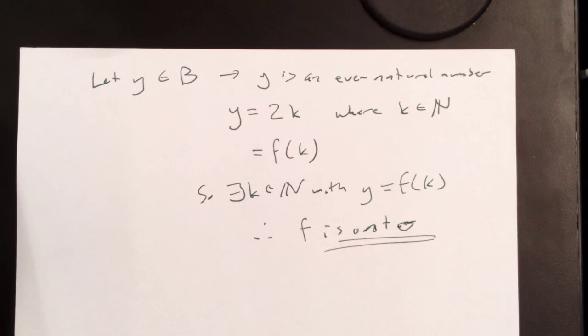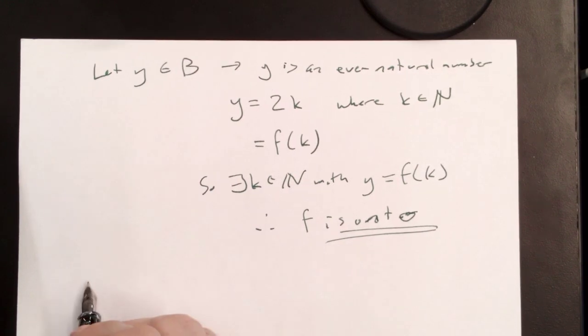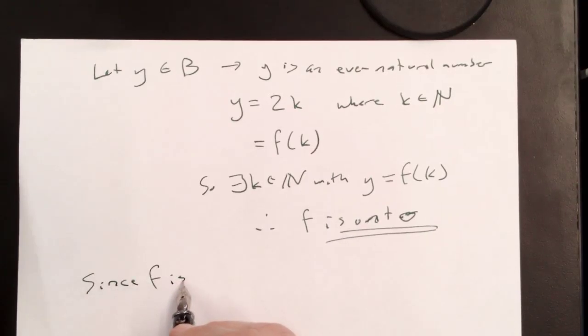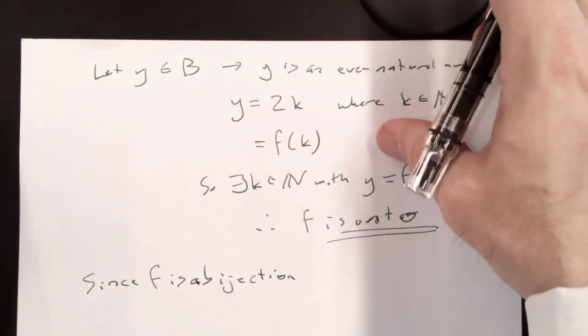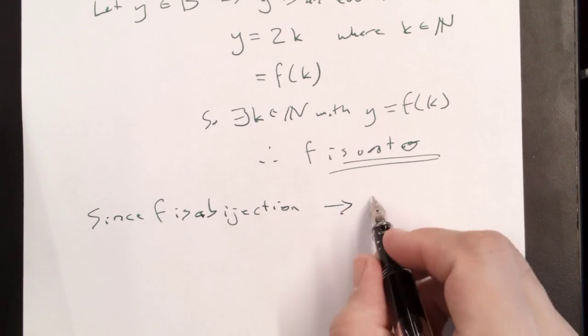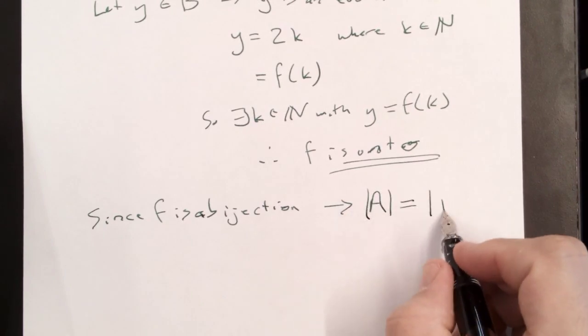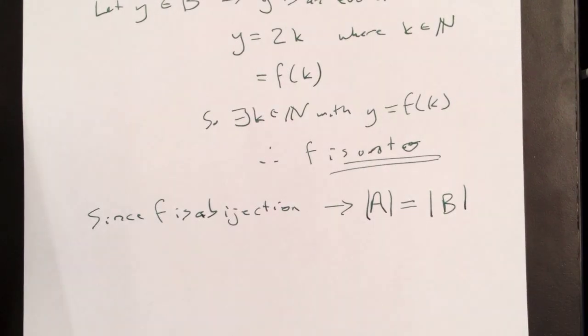Okay, wait a minute. This f is 1-to-1. This f is onto. This f is a bijection. And that means the set A is actually the same size as the set B. There are just as many even numbers as there are numbers, even though I took half of them away.